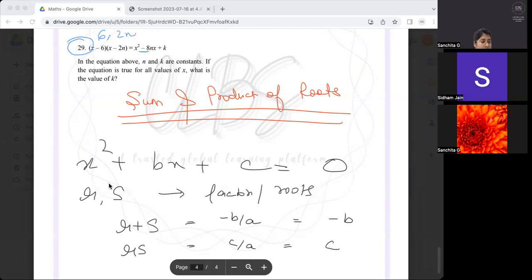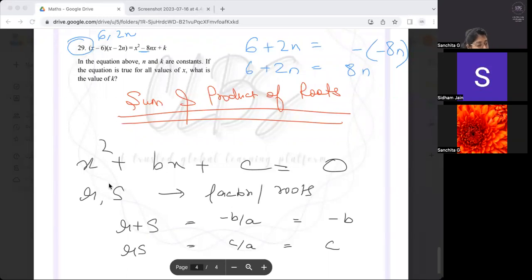The coefficient of x is the negative of the sum of these roots. So I will have 6 plus 2n is equal to negative of negative 8n, so I will have positive 8n. Got it? Sum is positive, right? And what is going to be my product?